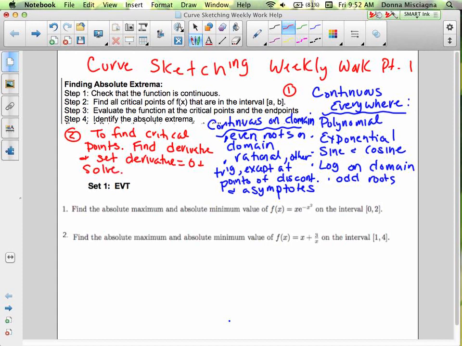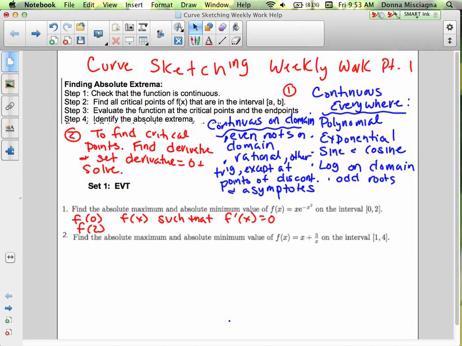Those are your critical points. Then you evaluate the function at the critical points and the endpoints. So, for instance, for the first one here, you would find f of 0, f of 2, and then f of x such that f prime of x equals 0.